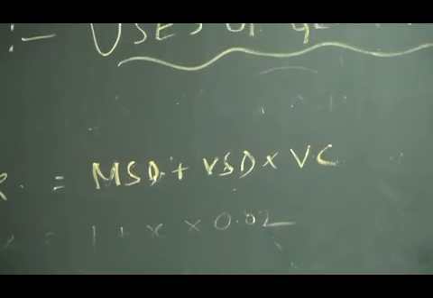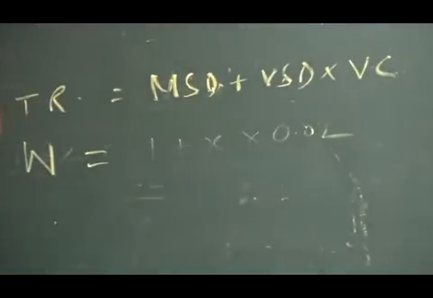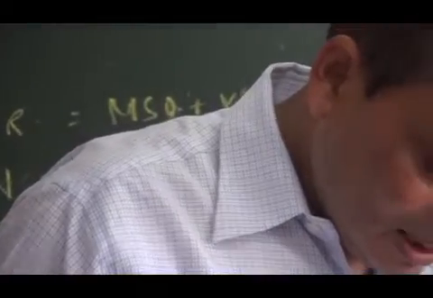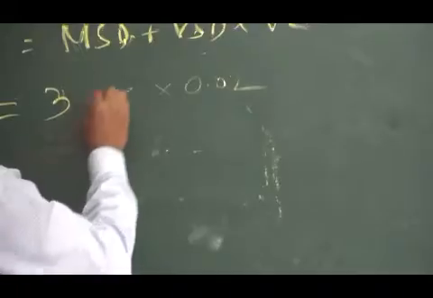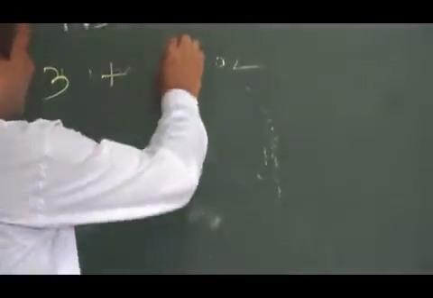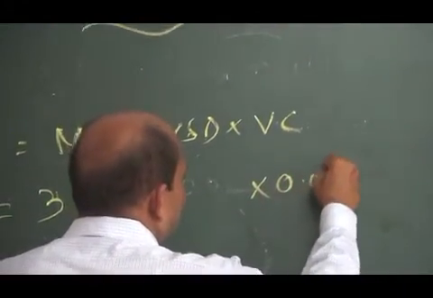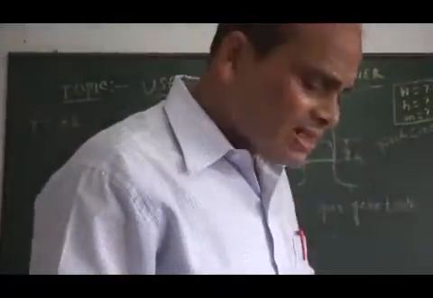The total reading W equals the main scale reading, 3, plus the vernier scale division multiplied by 0.02, which is the vernier constant. Now minutely we have to find which division of the vernier scale meets a main scale division.